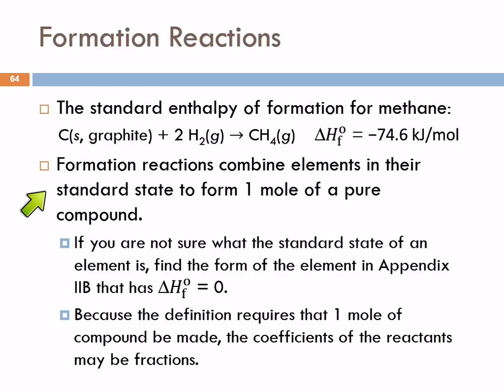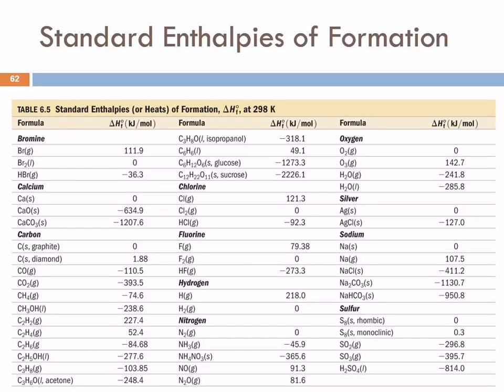So these are combining elements in their standard states to make 1 mole of the compound. Well, if you're not sure what the standard state is, go look in the table and find it. So let's go back and look at carbon. So here's carbon. There's 2 of them listed, graphite and diamond. The heat of formation for the graphite is 0.